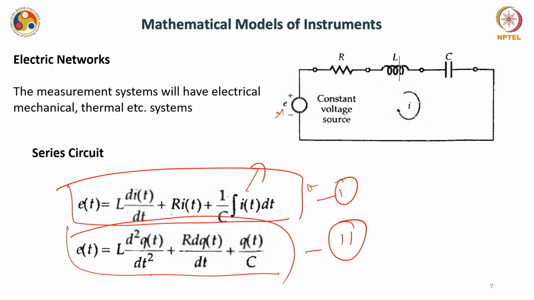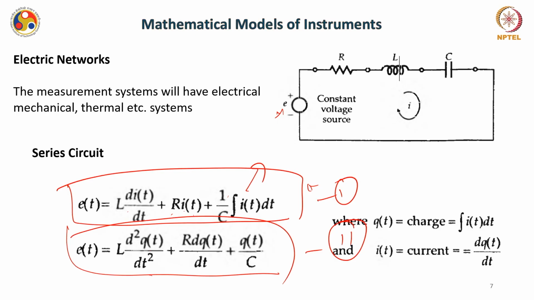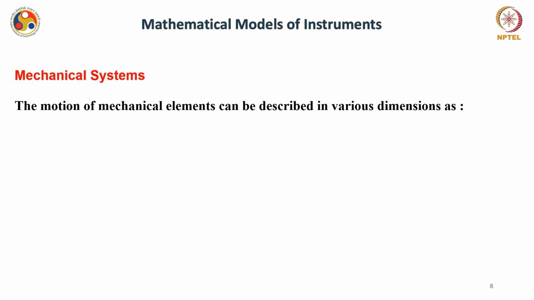So it means that the mathematical model of the measurement system, or part of the measurement system, is sometimes equivalent to other equations. It doesn't mean that one is correct or one is wrong; it depends on what quantity you are dealing with and in which form you want the system, okay. You know that charge and current are all interlinked to each other. I will not go into that basic, okay.